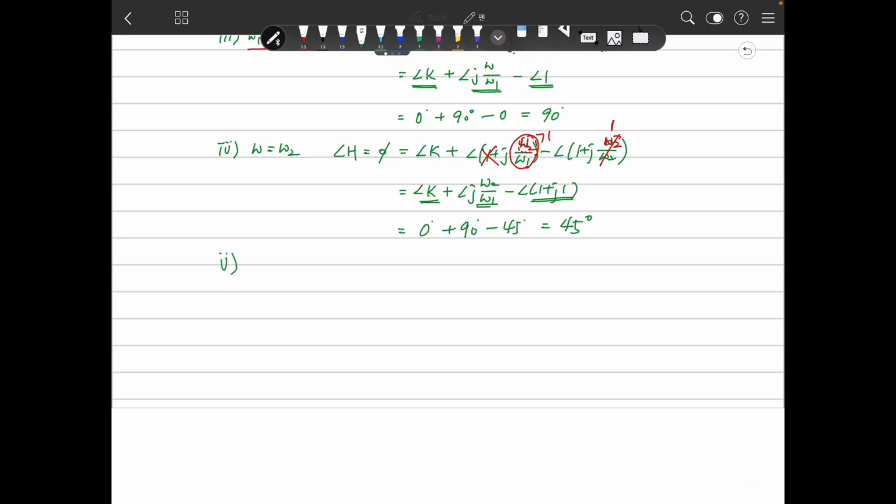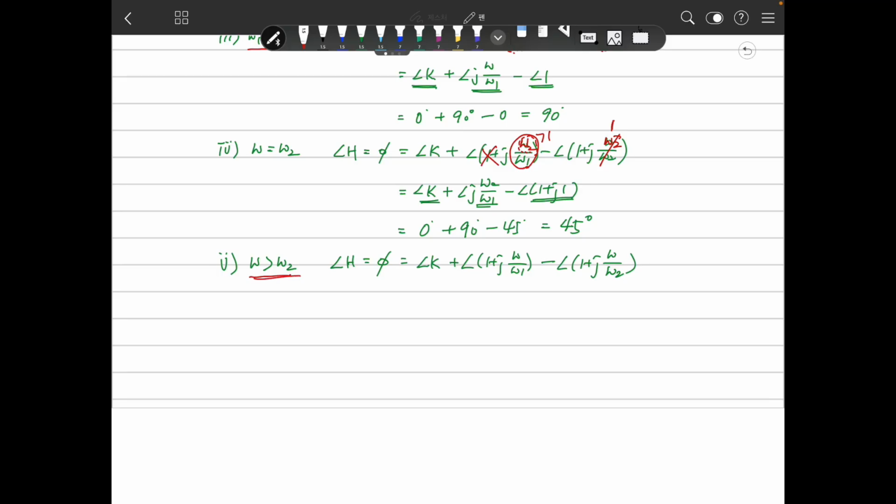Number 5 is when omega is larger than omega 2, and the phase angle of H will be K plus 1 plus J omega 1 omega, minus the phase angle of 1 plus J omega 2 omega.